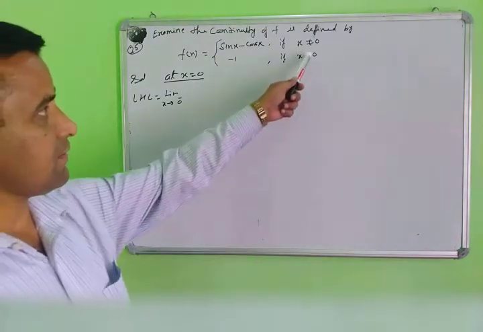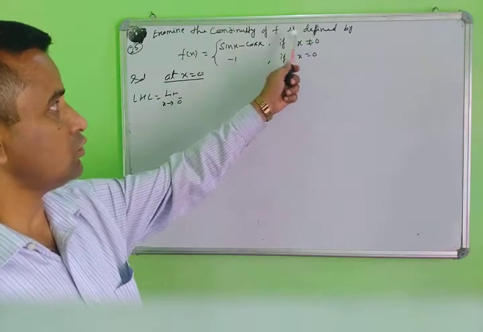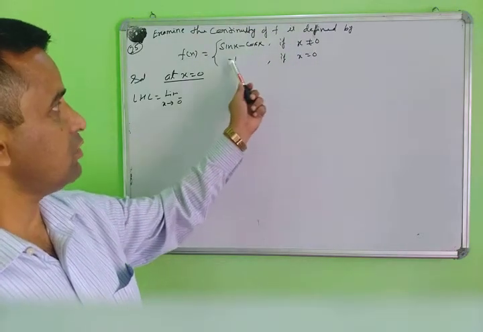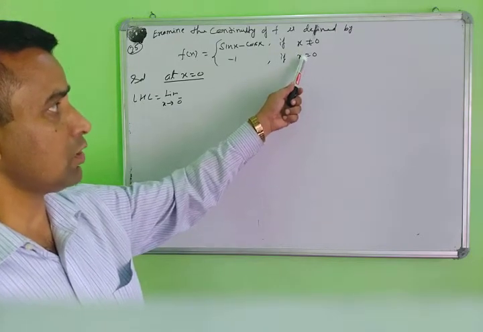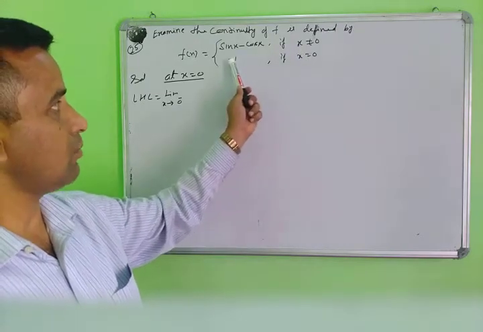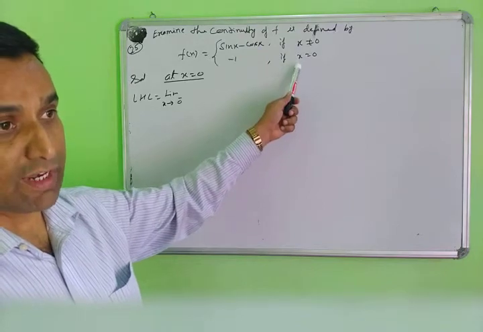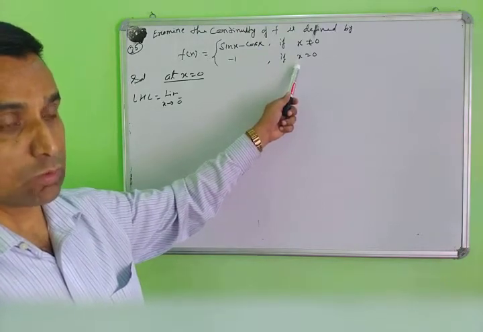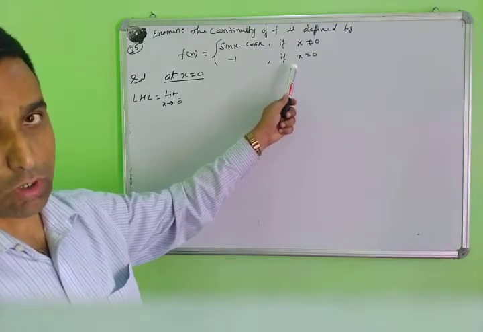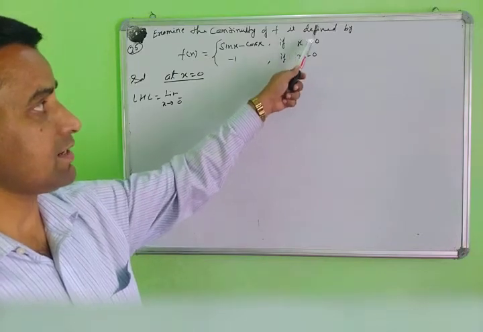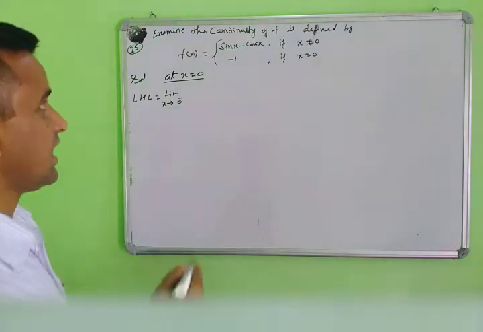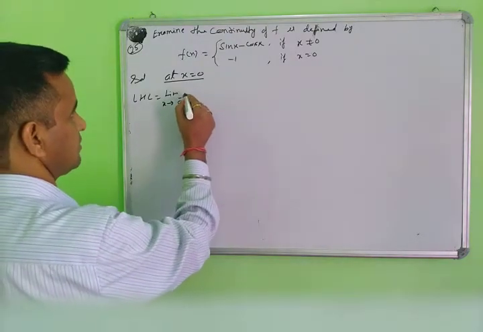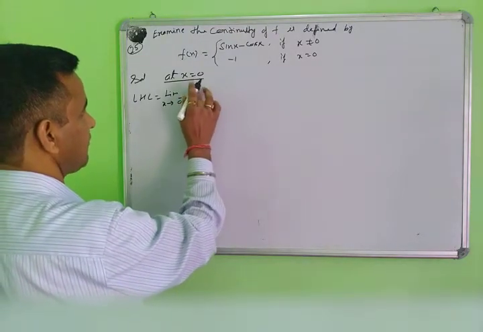For less than 0 and more than 0, the function will be sin x minus cos x. The function minus 1 is included only when x equals 0, not left, not right. So when taking the left side and right side, the function is sin x minus cos x.